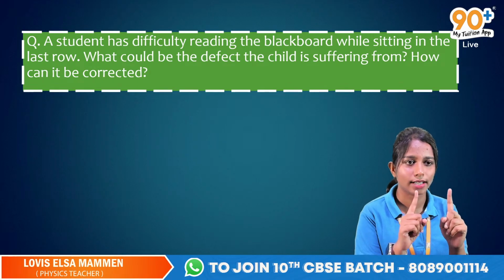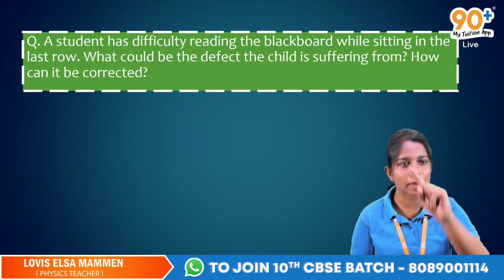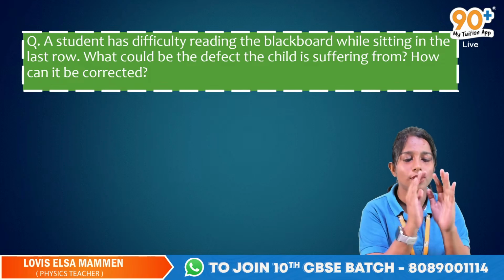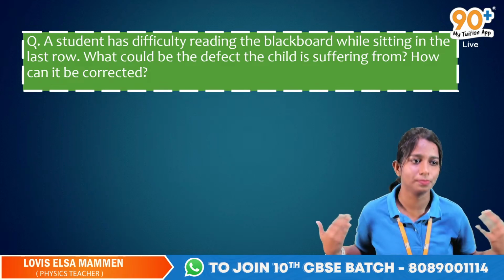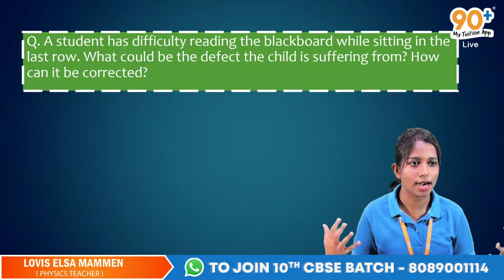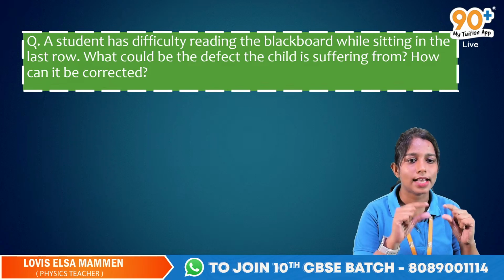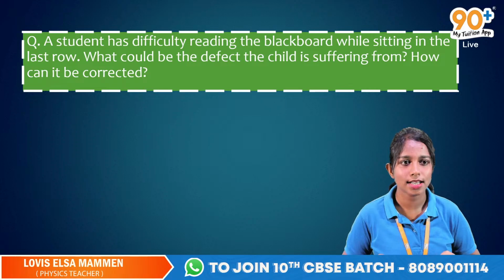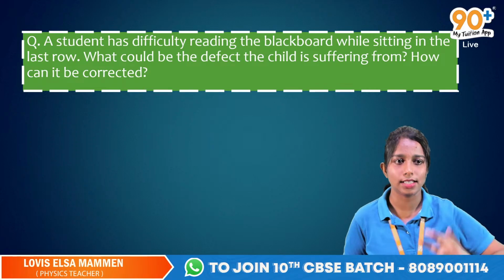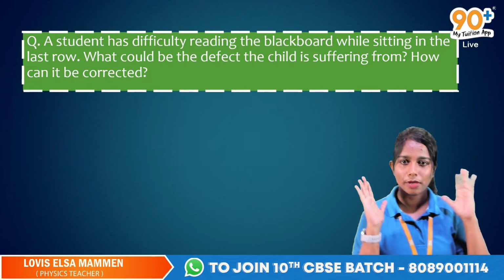He has difficulty reading what is written on the blackboard, but he can see things near to him. It is the opposite: it means he can see nearby things. So that means it is short sightedness. He has short sight; he cannot see distant things. So it is myopia. Understood?